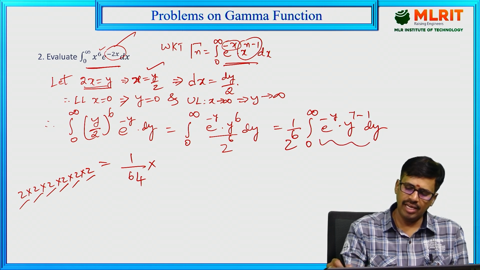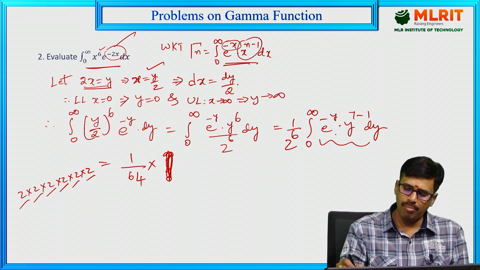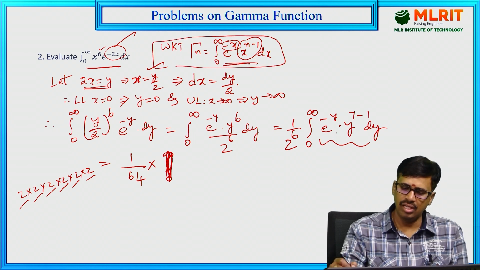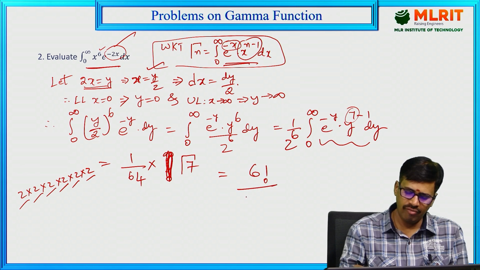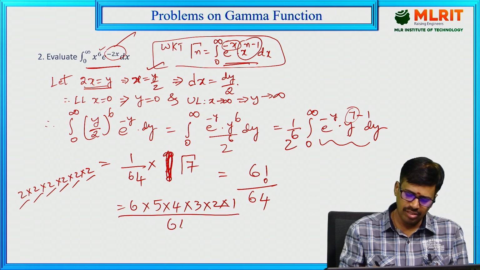This integral can be written as e^(-y) into y^(n-1), see the gamma function definition, in place of n we have 7, so this can be written as gamma 7, but gamma 7 is 6 factorial divided by 64, so this can be written as 6 into 5 into 4 into 3 into 2 into 1 divided by 64.